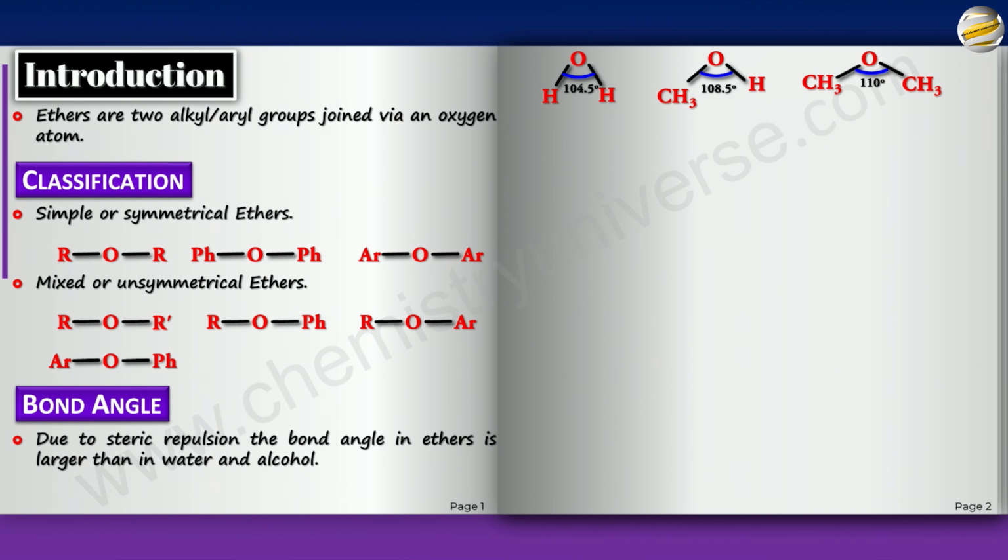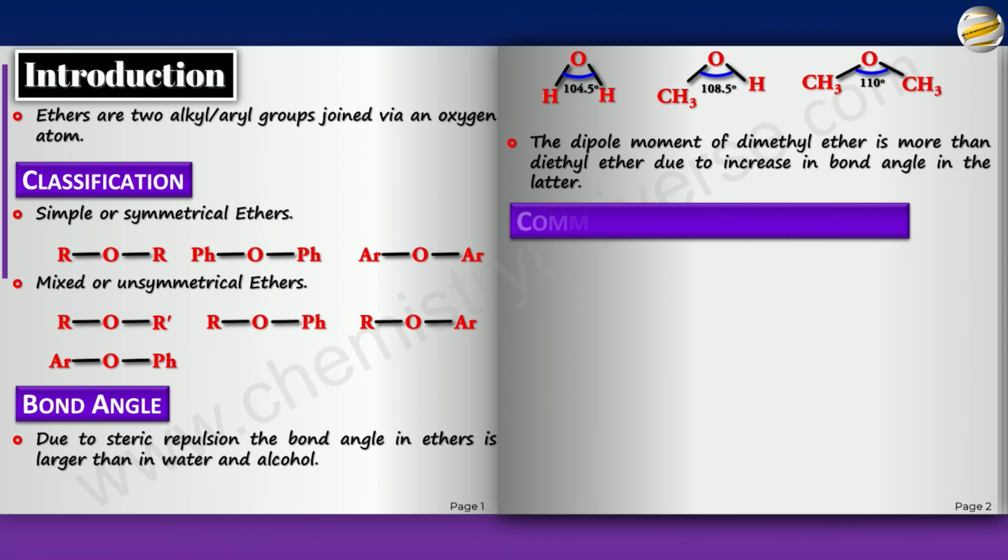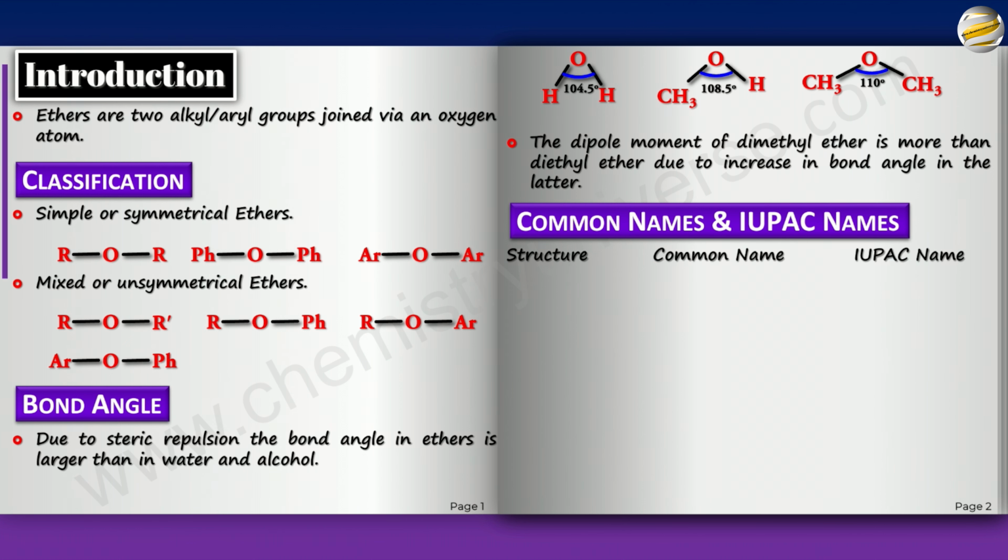So the dipole moment of dimethyl ether is more than diethyl ether due to the increase in bond angle in the latter. Now, here it's very important to understand some common names and the IUPAC names of ethers. Though we have done IUPAC names separately, it's important that you know the common names at least. So I'm going to give you some structures, their common names and their IUPAC names.